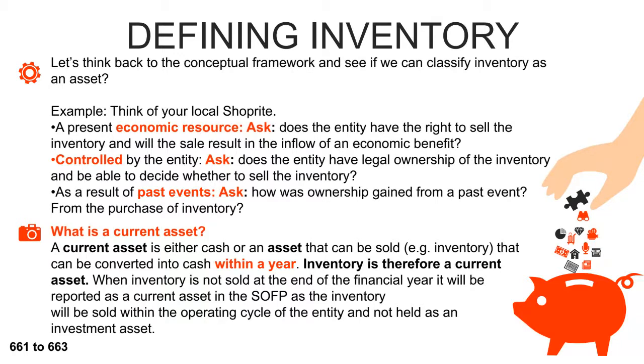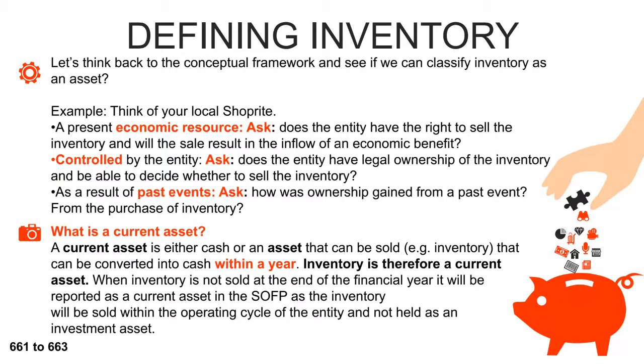So the idea is that we convert the inventory into cash within a financial year, right? So we need to ask ourselves, is that the intention of the entity? Is the intention of the entity to convert inventory into cash within a financial year?